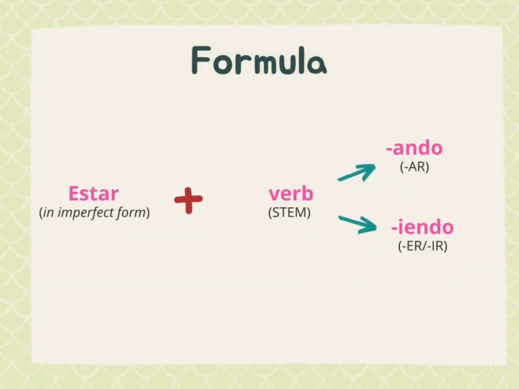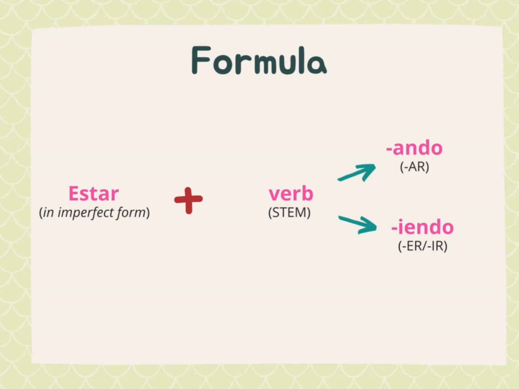Now, really quick, here is the formula to put the estar and the present participle together to create this past progressive or pasado continuo. You may want to go ahead and write this down so you have it for future reference. So here's the magic formula. We're going to have the verb estar in the imperfect form, and we're going to then add the verb. We're going to keep our stem, right?